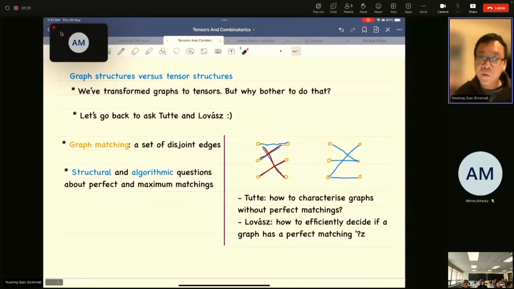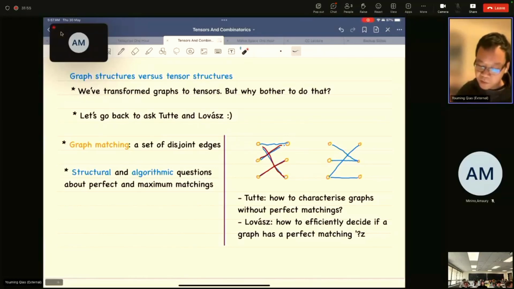This is where he came across this construction of general graphs to skew symmetric matrices of linear forms. And then in the 1970s, Lovász was pondering how to efficiently decide if a graph has a perfect matching.